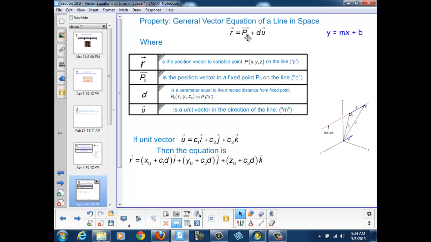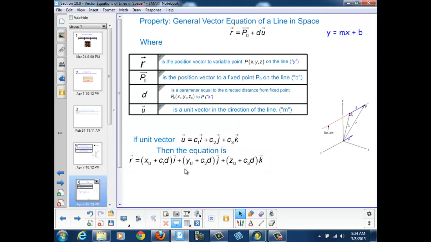So if we expand our notation to express what p0 and u are, then our vector equation for a line in space looks like this. r is equal to (x0 plus c1, our direction cosine in the i direction, times d) i, plus (y0 plus c2 d) j, plus (z0 plus c3 d) k.